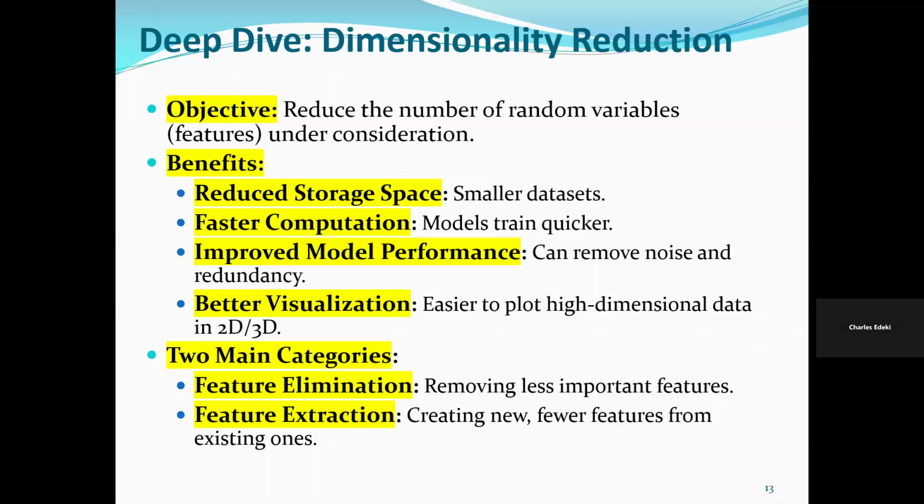Then we also have faster computation, reducing the training time for subsequent models. Then data storage and also visualization. With data storage, we can say that it requires less storage, or I would say less memory.